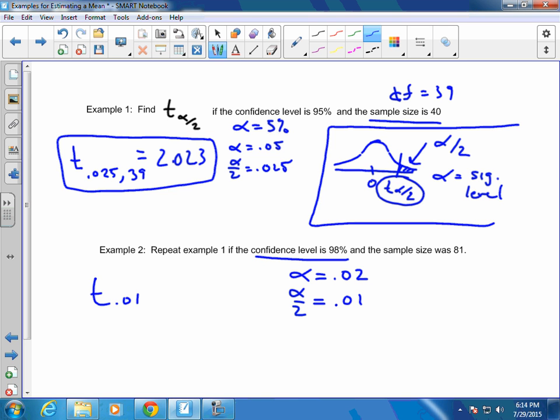So we need the t critical value with an area to the right of 0.01. Degrees of freedom is always one less than the sample size, so 80 degrees of freedom.